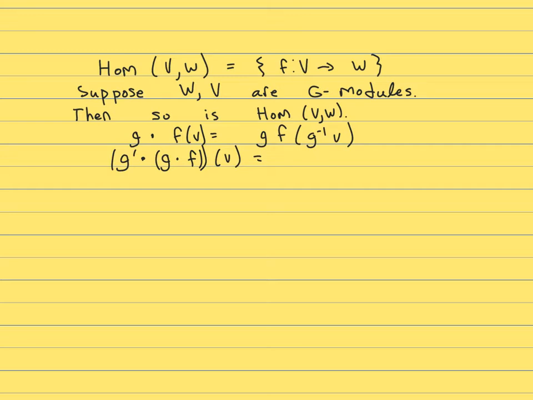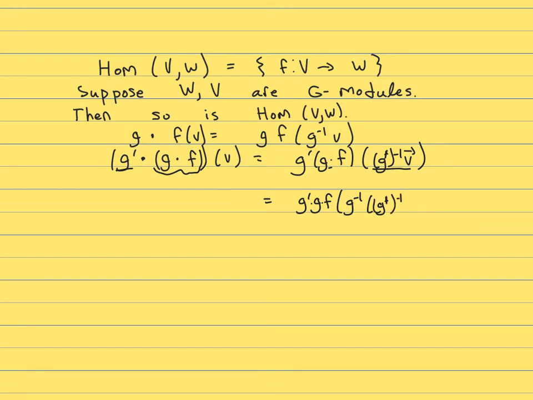Alright, let's see here. What does this do to this function? It sends it to g' times this function applied to g' inverse of v. Now what does this function do? It multiplies f times g inverse applied to whatever's the input, g' inverse of v.